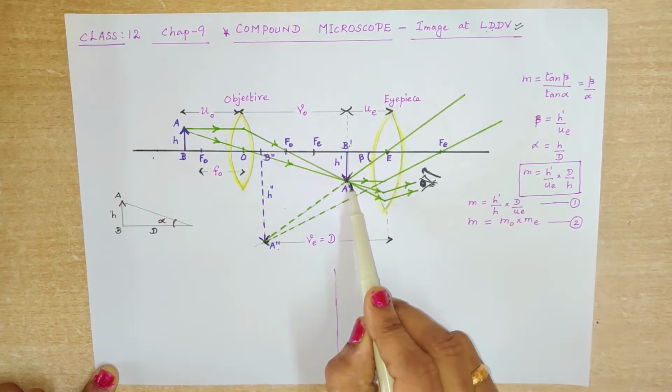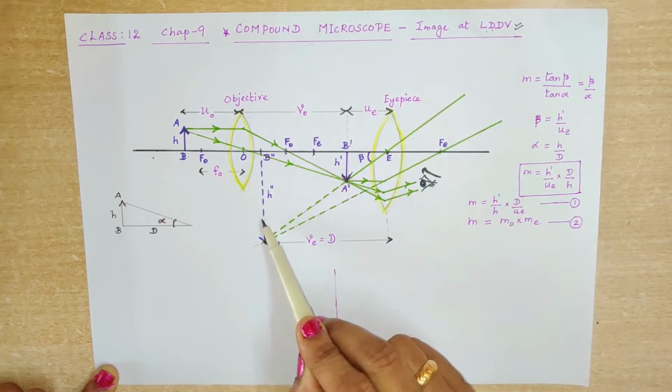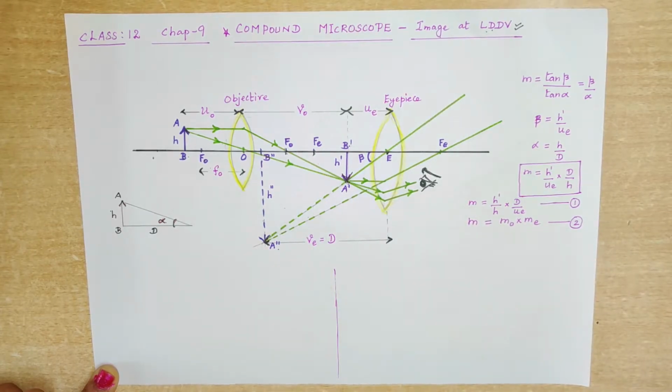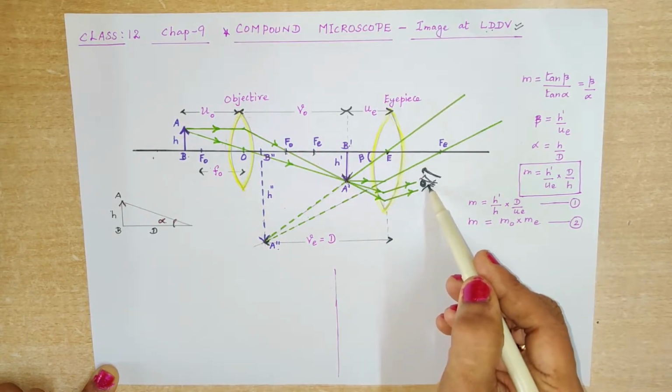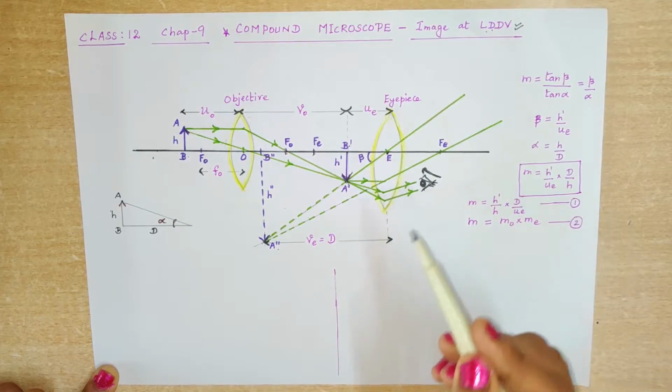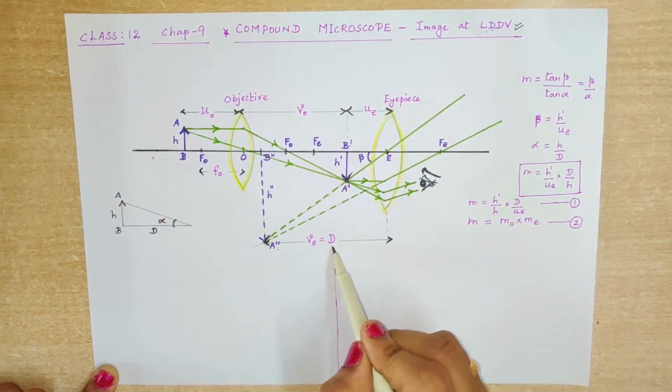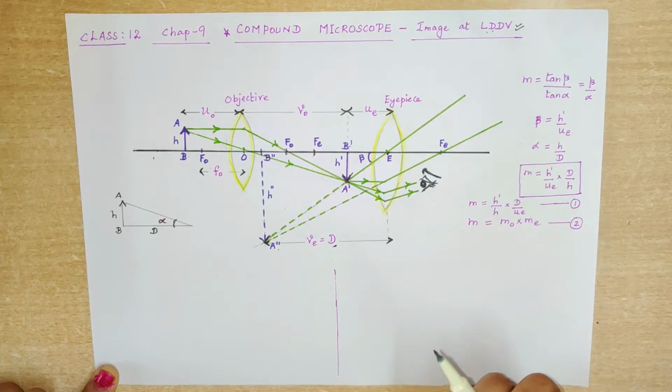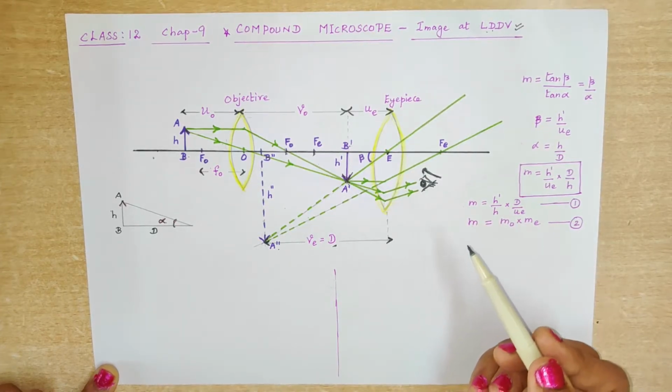When you look at this final image with respect to the object, it seems to be erect, magnified and also virtual. So with respect to the eye position, the image is formed at the least distance of distinct vision. This is a description of the ray diagram.